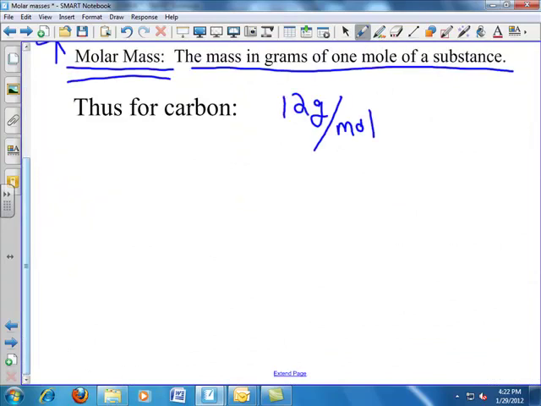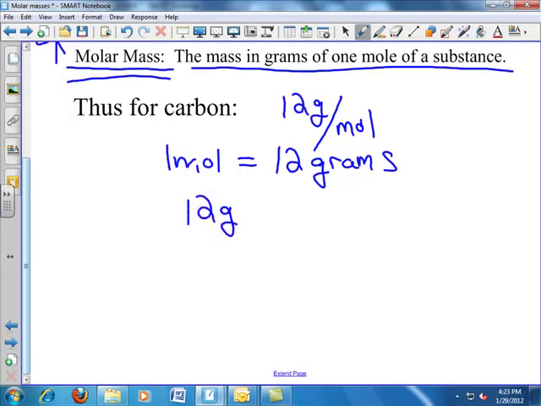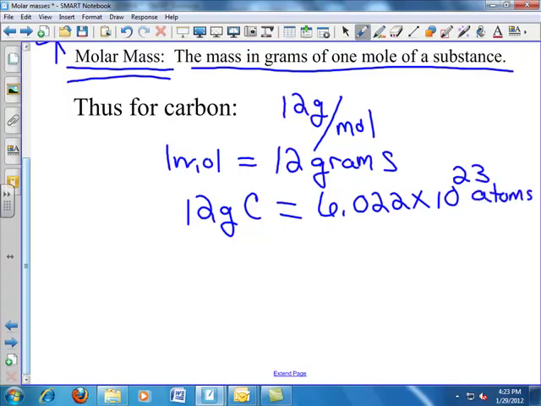That means for every 1 mole that I have of carbon, that's going to be 12 grams. So if I go to my back stock room and mass out 12 grams of carbon, that also means that 12 grams of carbon is 6.022 times 10 to the 23rd atoms. That's the molar mass.